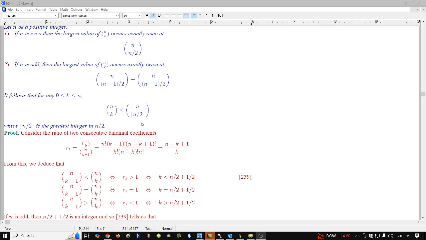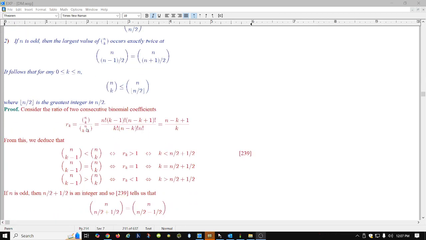So how to prove this? Well, one way, anyway, is to look at the ratio of two consecutive binomial coefficients. R sub k is n choose k divided by n choose k minus 1. And the usual arithmetic with factorials reduces this to (n minus k plus 1) over k.